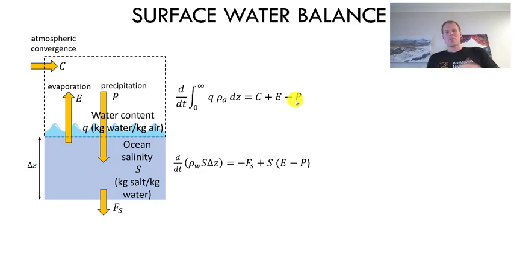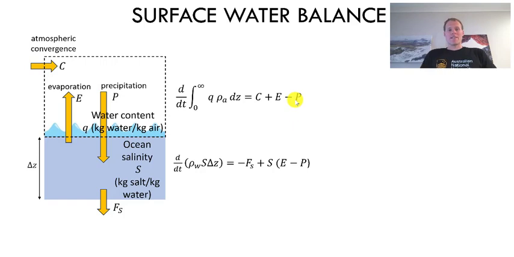So in some ways, you can think about the ocean salinity as being the analog to the humidity of the air. And we can form a salt balance for the region of ocean, which we might think of as the mixed layer, directly near the surface.